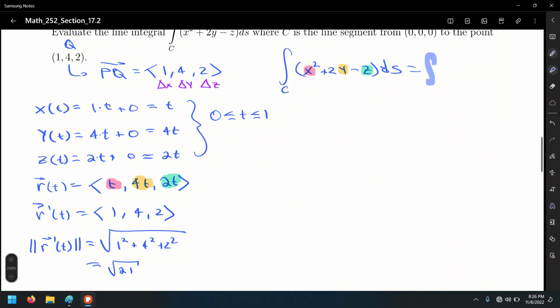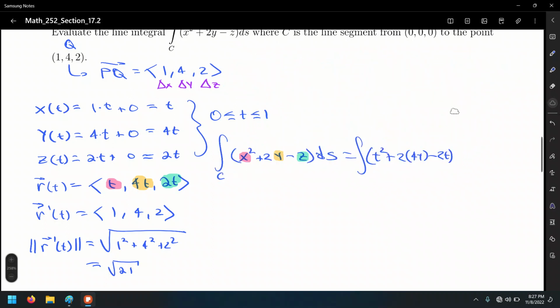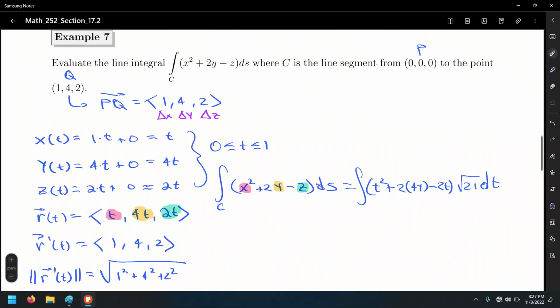And that's the integral of x squared, that is t squared, plus 2y, that is 2 times 4t, minus z, which is 2t, and times the square root of 21. Okay, I'm gonna need more space over here. And that's square root of 21, and then dt. And that is going to go from 0 to 1, because that was the definition for our parametric equations.